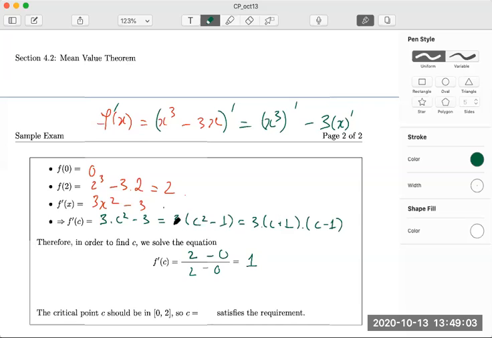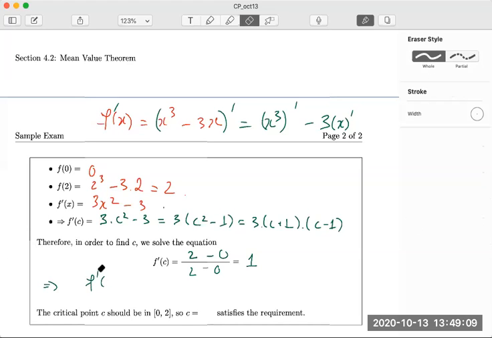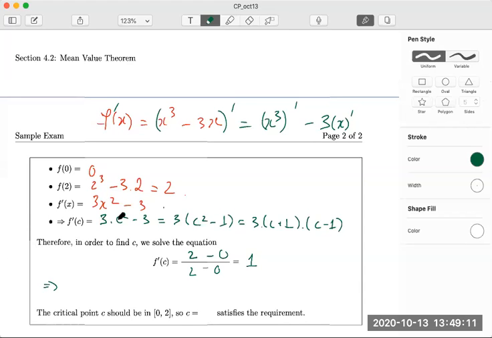Oh, actually, we don't have to factor it out. It's okay. F prime at C on the left-hand side is this guy, right? In this case, we don't have to factor. It means that we have 3c squared minus 3 should be equal to 1, right?